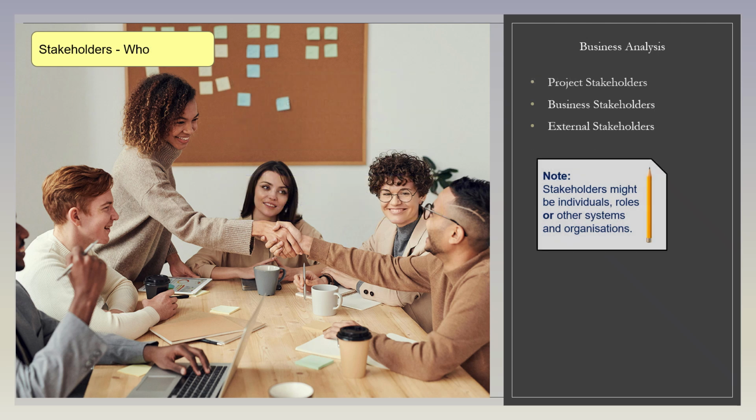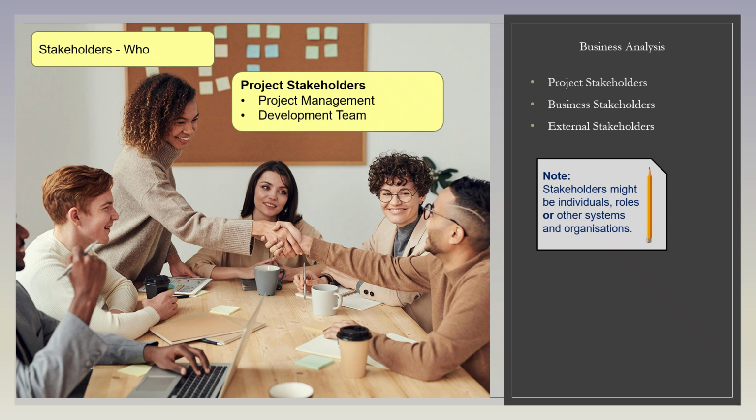One approach that will help you to identify the stakeholders for a project is to think of them within three categories. Project stakeholders are members of the project team and development team.